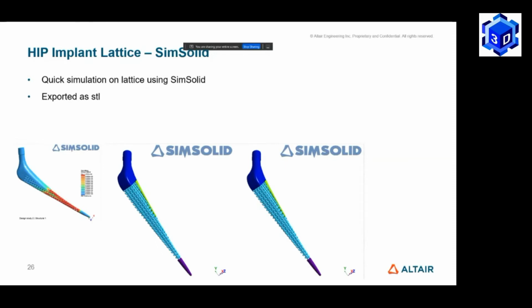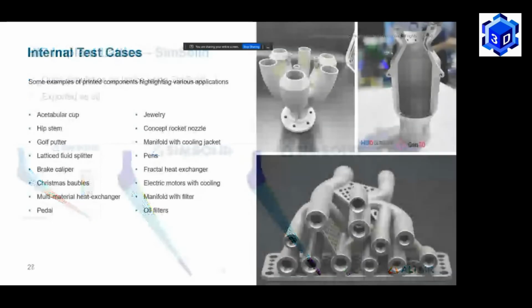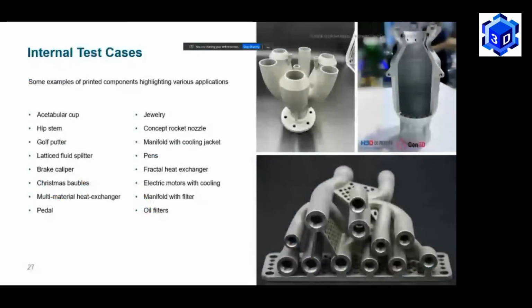However, with SimSolid, which is another tool in this platform, can be used to understand those interior or intricate details as far as the stress and displacement is concerned. So with that, I think I came to the end. If you have any questions, please do let me know.